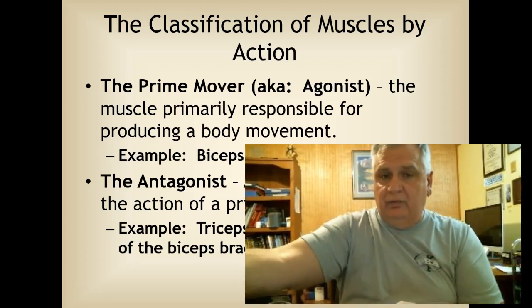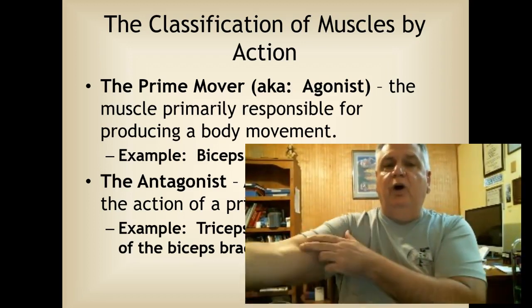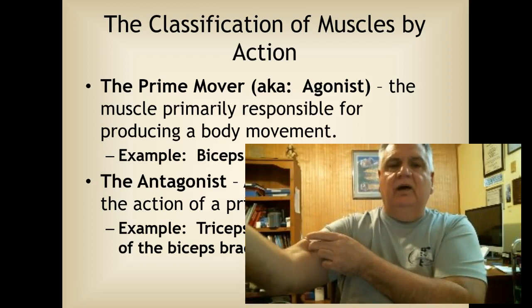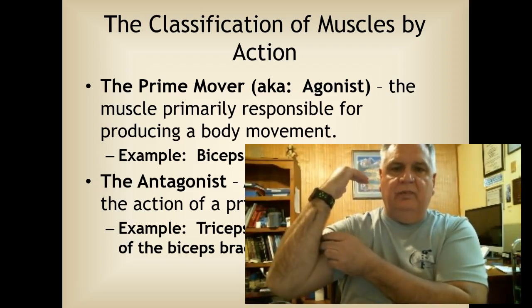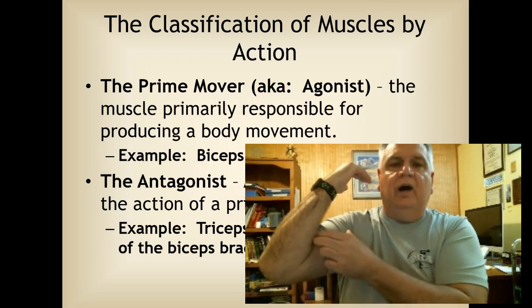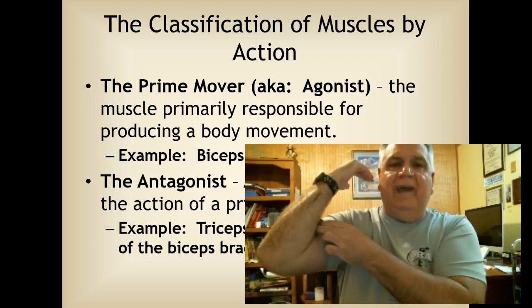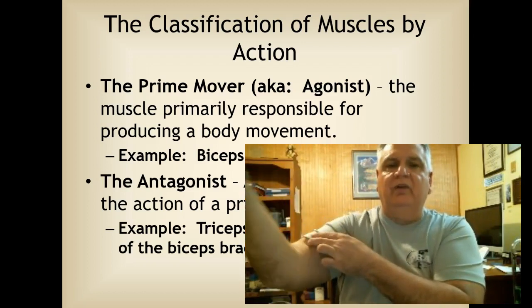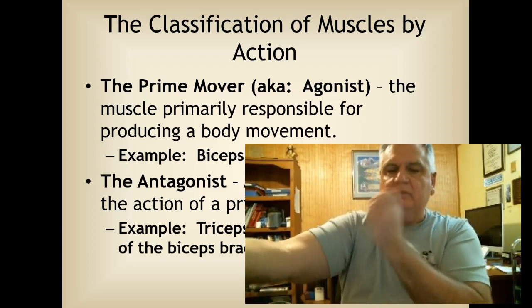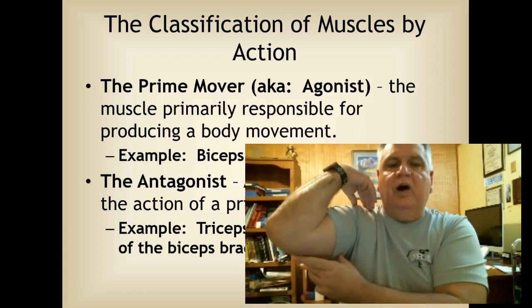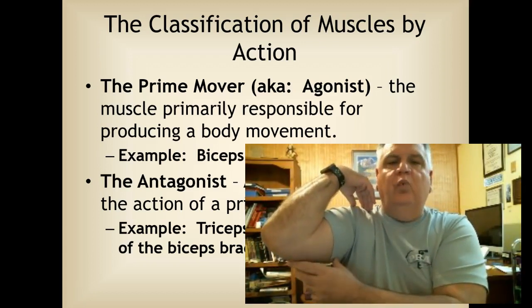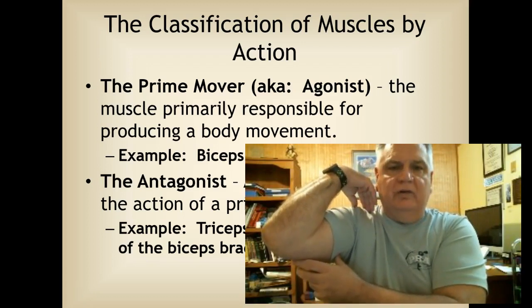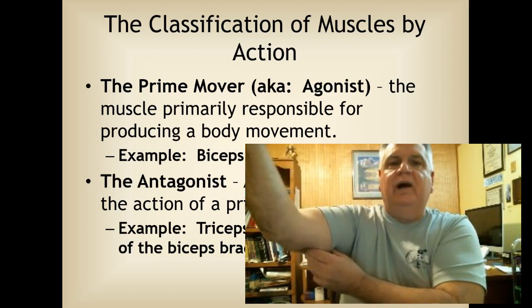It's going to oppose the action of the biceps brachii. Now you have to be careful about this. In elbow flexion, the prime mover is going to be the biceps brachii, and the antagonist of elbow flexion is going to be the triceps brachii because it's going to extend the joint. However, if we're talking about extension, what's the prime mover of elbow extension, or what is the agonist? It's the triceps brachii. It has to contract.